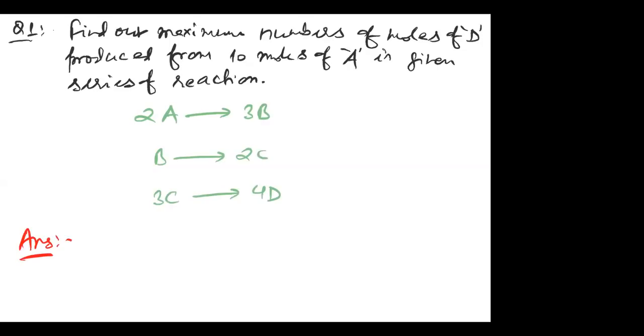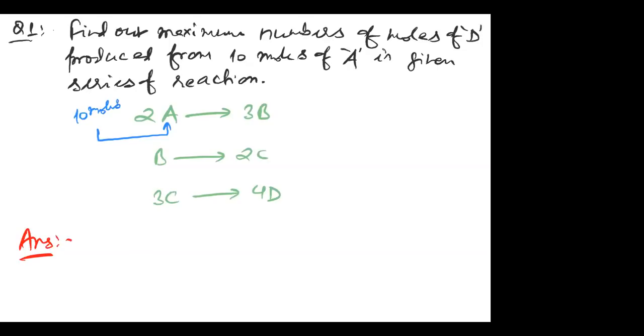You have to find out the maximum number of moles of D produced from 10 moles of A in the given series of reactions. Starting with 10 moles of A, you have to find out the final moles of D. Here 10 moles of A is given.